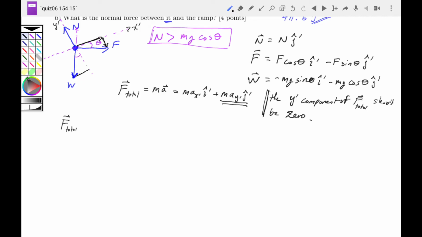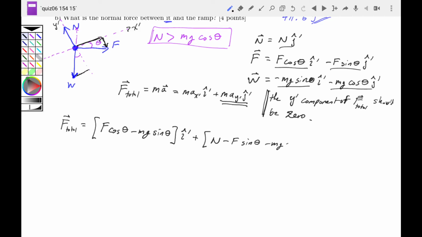F total equals, let's do the x components first, or the i hat components. F cosine theta from up here minus mg sine theta, that's all in the x direction, plus N minus F sine theta minus mg cosine theta j hat. And indeed, that needs to be 0.